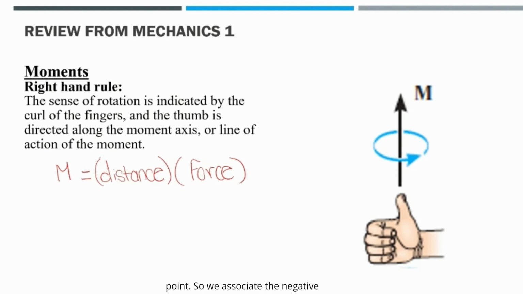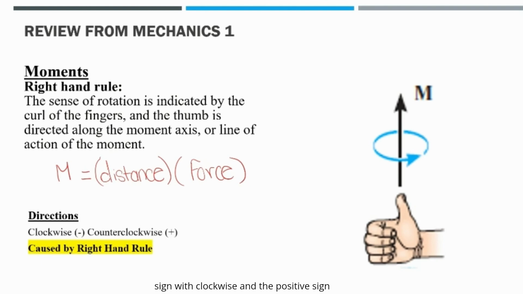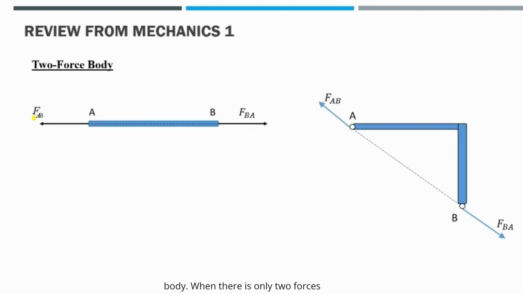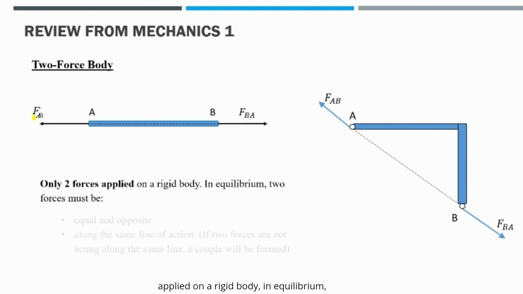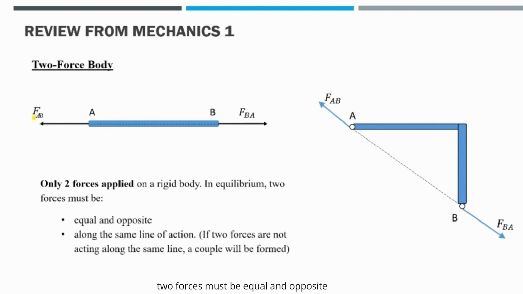So we associate the negative sign with clockwise and the positive sign with counterclockwise, which is caused by our right-hand rule.